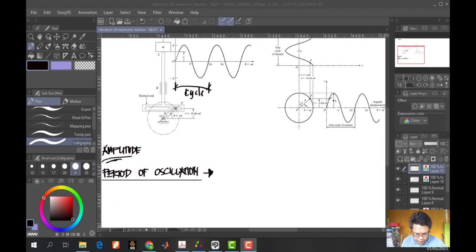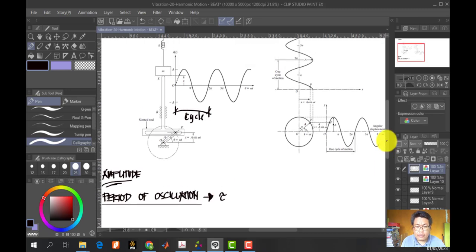Now for the period of oscillation, it is described as the time taken to complete one cycle of motion, known as the period of oscillation, or the time period, and it is denoted by the symbol tau. This is defined, for example, as the time required for the vector OP to rotate through one cycle of 2 pi.